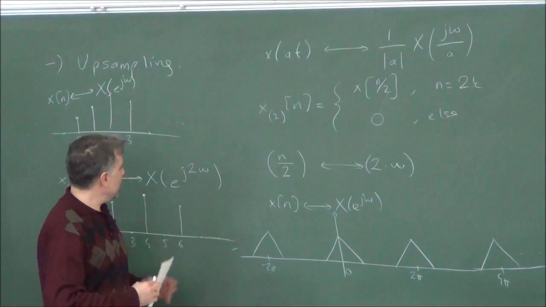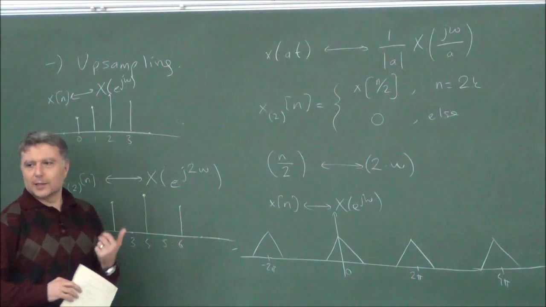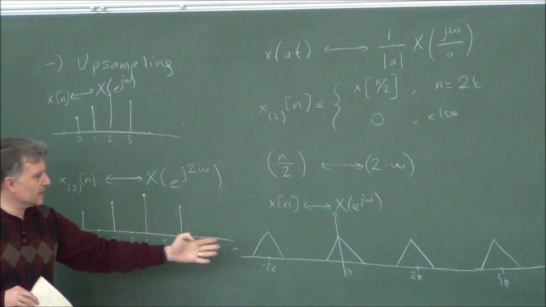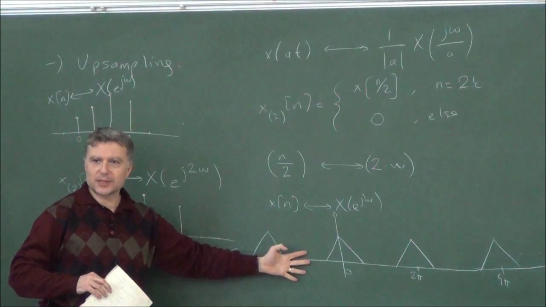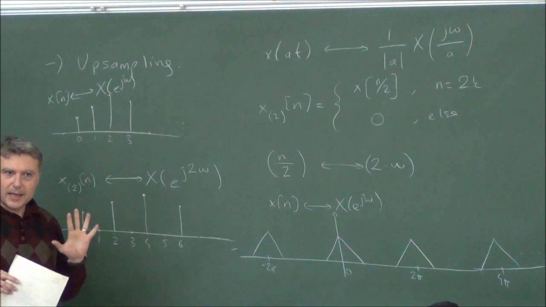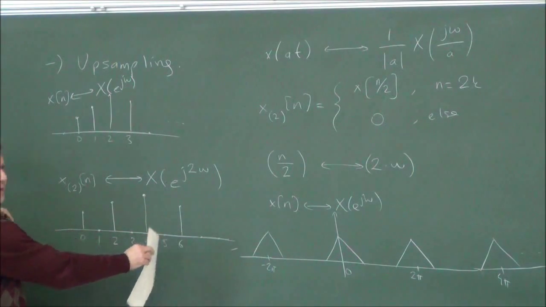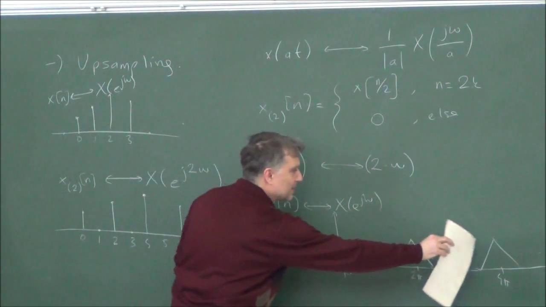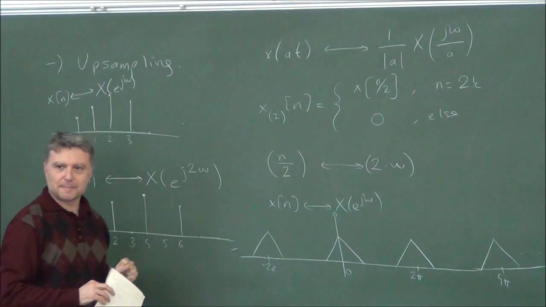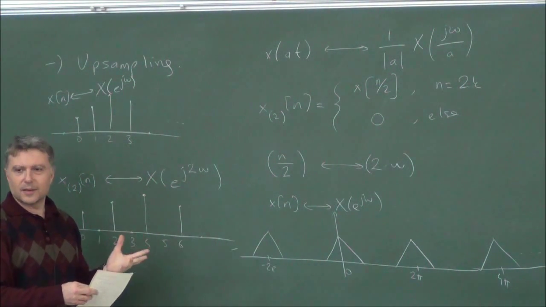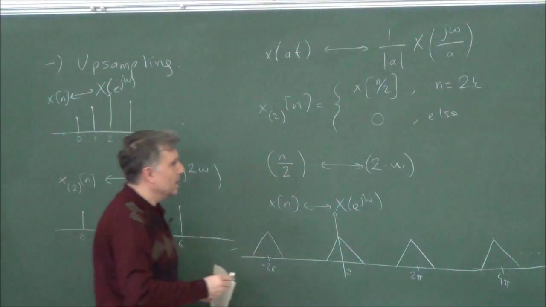Now what does x of e to the j 2 omega look like with respect to this original shape? What happens to this shape? Yes, it must be squeezed because we are expanding in time. Therefore, this thing must squeeze in frequency. So it must be narrower. How many times narrower? Twice narrower.